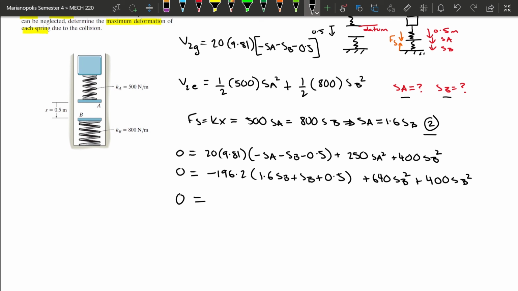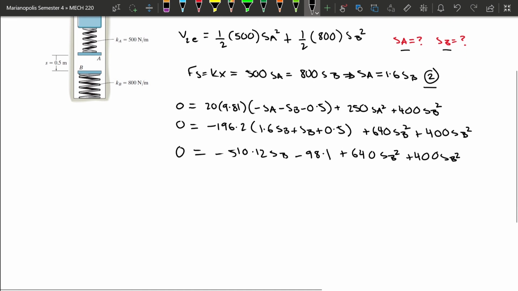Simplifying even more, this is negative 196.2 times 2.6 SB, which gives me negative 510.12 SB, and negative 196.2 times 0.5 is negative 98.1, and again plus 640 SB squared plus 400 SB squared.